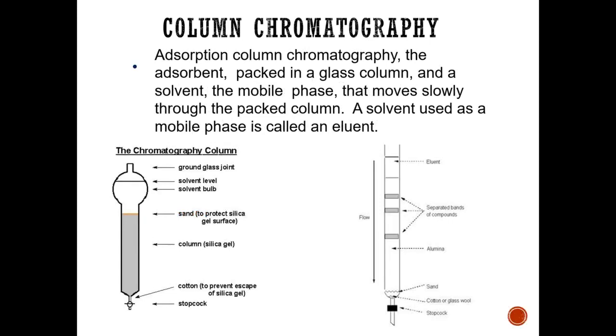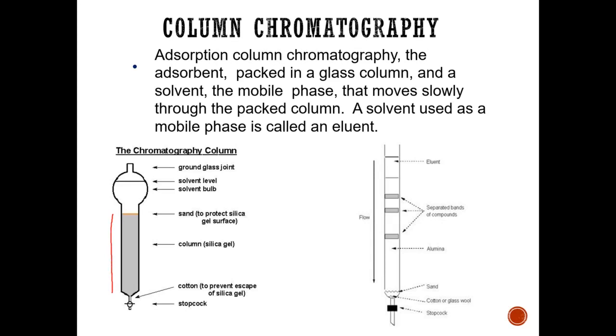In adsorption column chromatography, the adsorbent is packed in a glass column, and a solvent, the mobile phase, moves slowly through the packed column. A solvent used as a mobile phase is called an eluent. Here we can see three-quarters of the glass column is filled with the stationary phase.